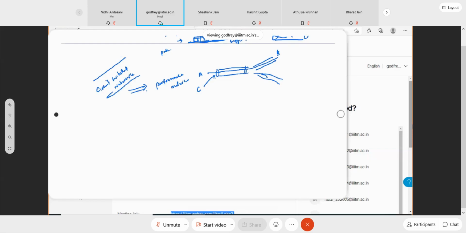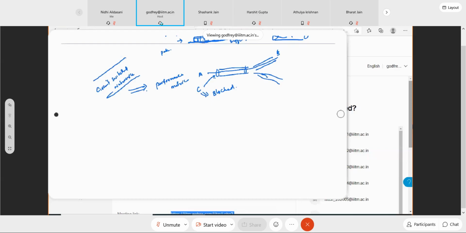Only thing that will happen is that C is going to be blocked for the entire duration when A and B are communicating. Are you following this? Yes, sir. So this is the important factor here. So what is the blocking probability, right?